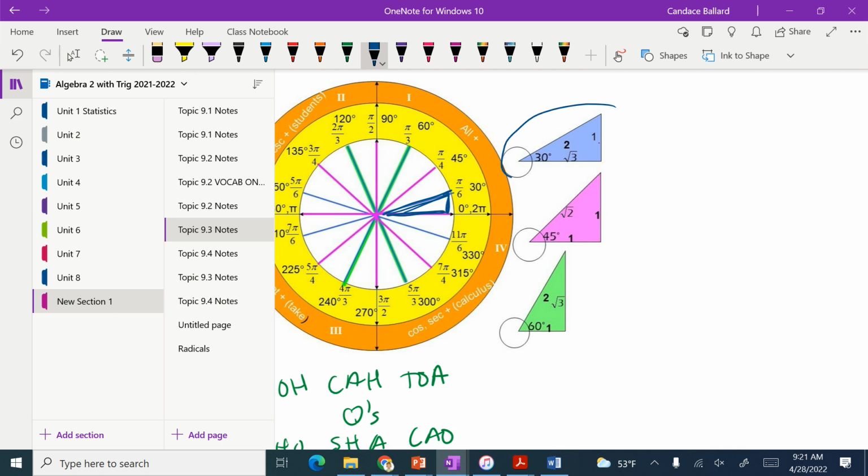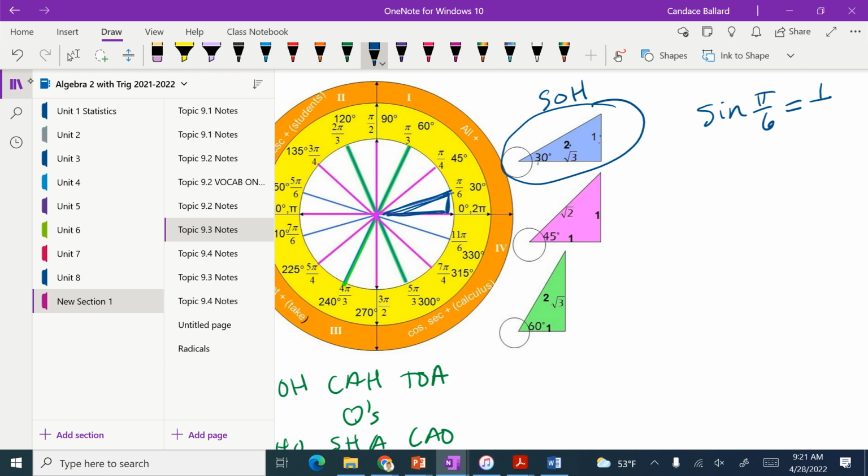So I'm working with this blue reference triangle, and I'm going to try to find the sine of that blue reference triangle. Sine of pi/6, which is 30 degrees. Sine is what in SOHCAHTOA world? Good. What's on my opposite? 1.